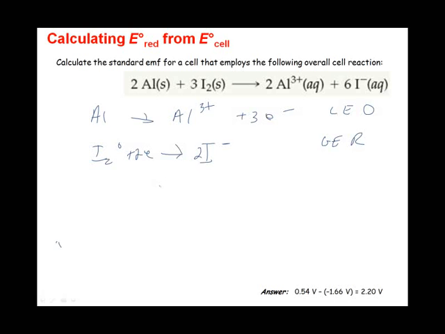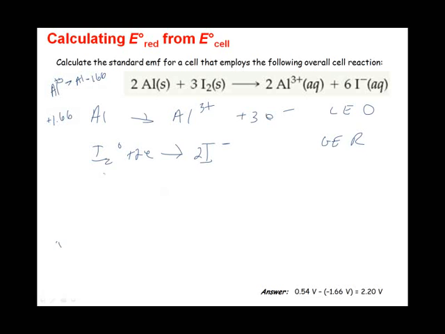So let's take a look at the cell potential table. Aluminum, you should look for it at the same time. It says aluminum 3 plus to aluminum is 1.66 to the negative. So if I'm switching the reaction around, it's going to be 1.66 to the positive.